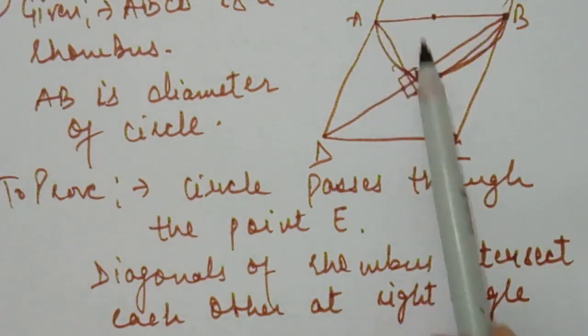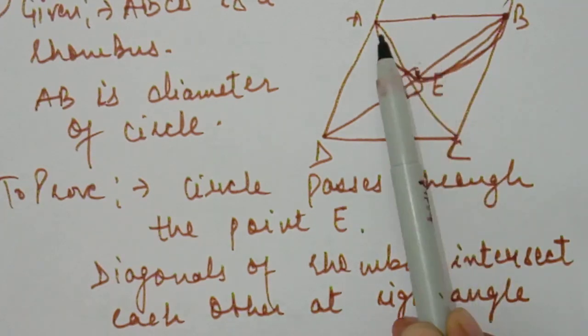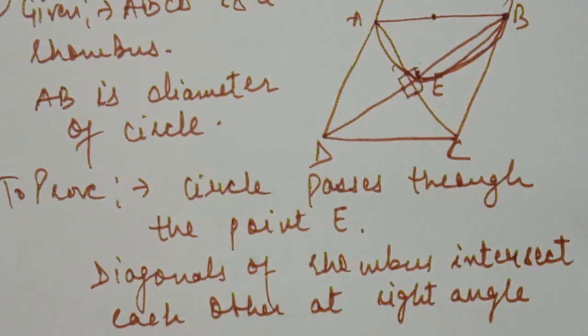We know that the angle in a semicircle is always 90 degrees. So this angle is 90 degrees. This is only possible when the circle passes through the point of intersection of the diagonals inside a rhombus.